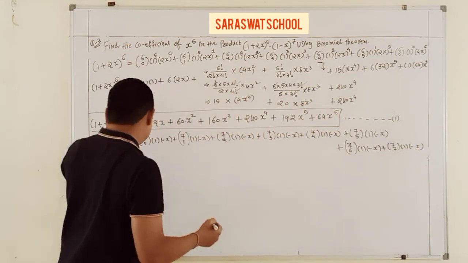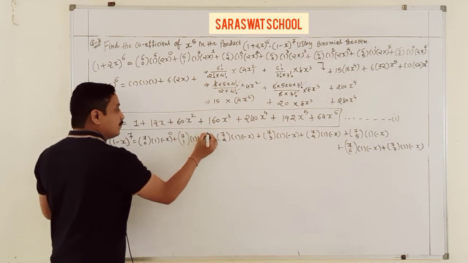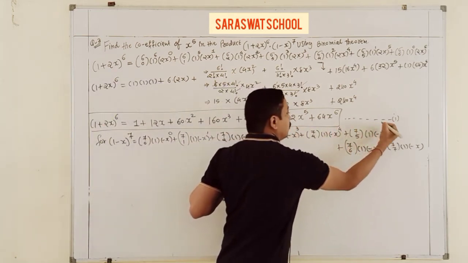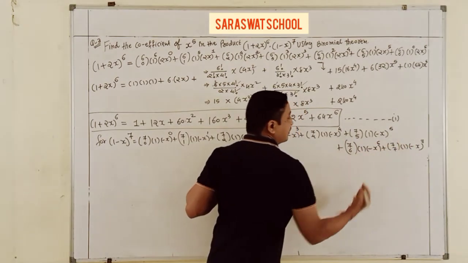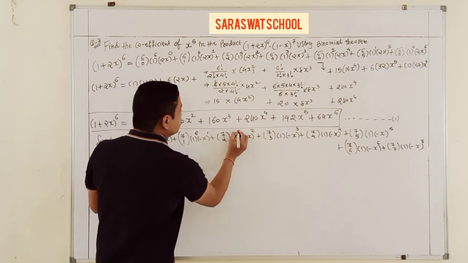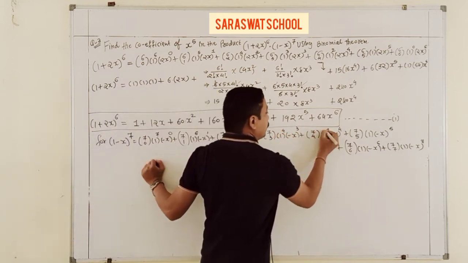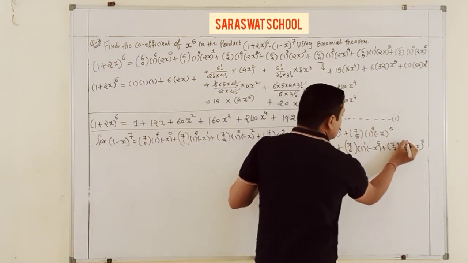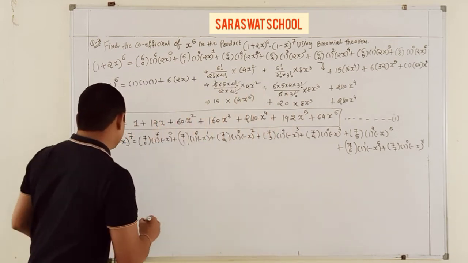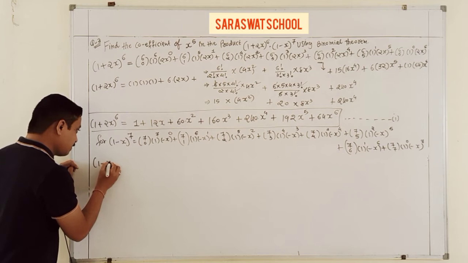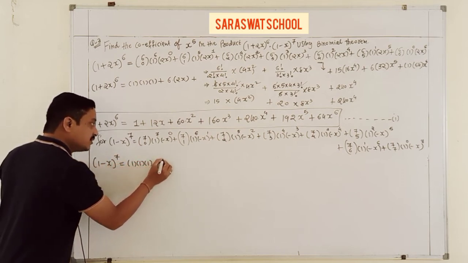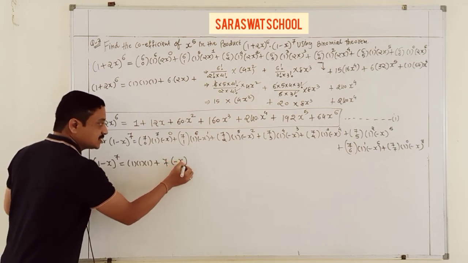So the powers of x are 0, 1, 2, 3, 4, 5, 6 and 7. And the powers of 1, if you mention, are 7, 6, 5, 4, 3, 2, 1, 0. And that also I simplify, students. So (1 minus x) raised to 7, that is 1. 7C1 is 7 times minus x, times 1.